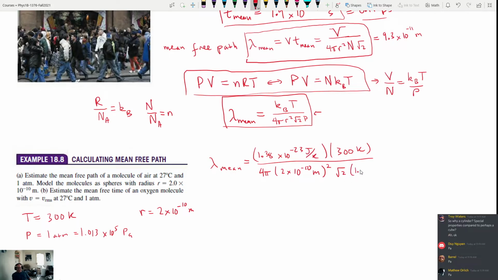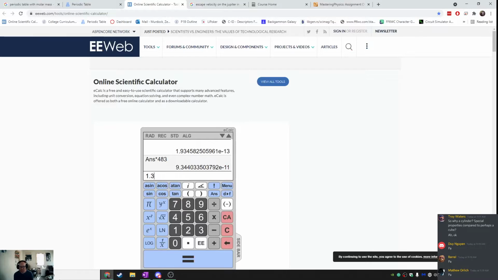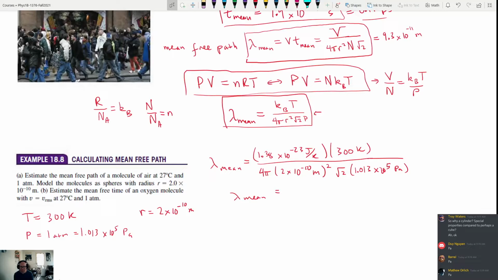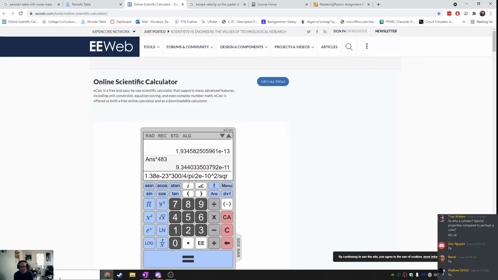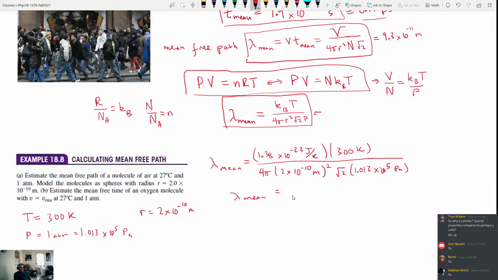So lambda mean, I got 5.75 times 10 to the minus 8 meters.